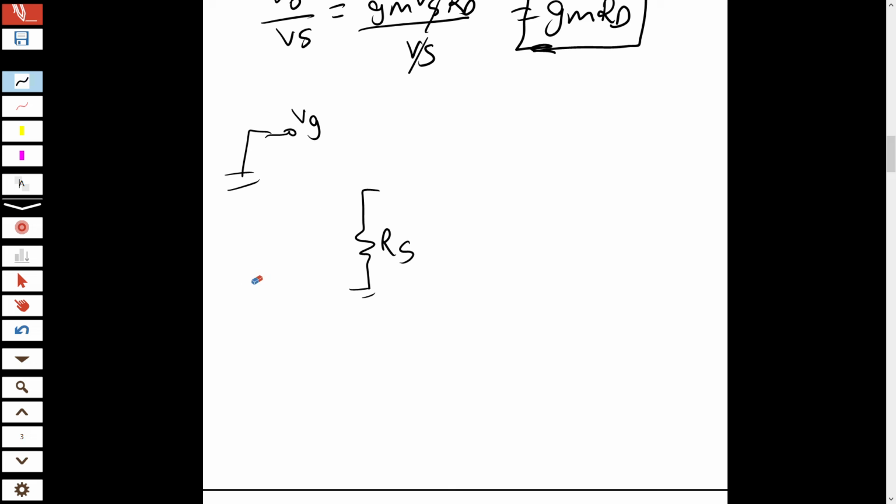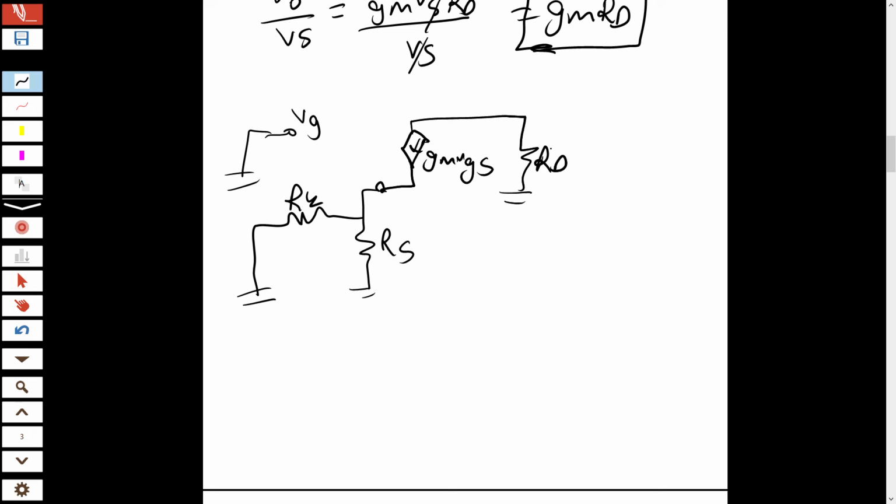Here there are AC independent voltage sources, and they will be grounded. So here this is RK, gm VGS, and RD. This is V out, and imagine there is a load here, R load, and we look from here to find R output.